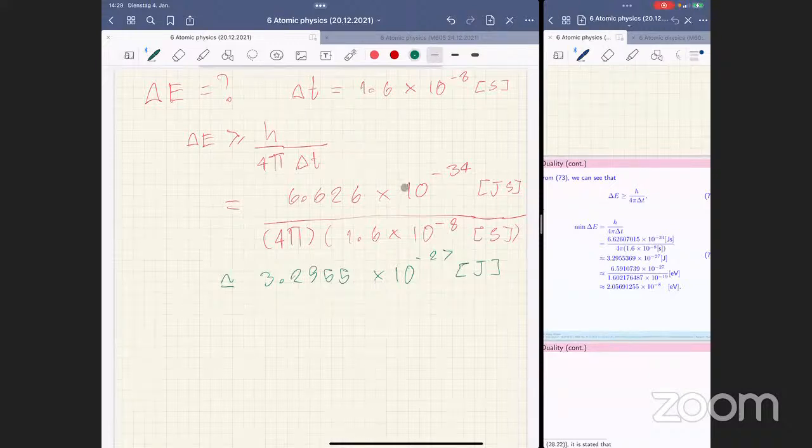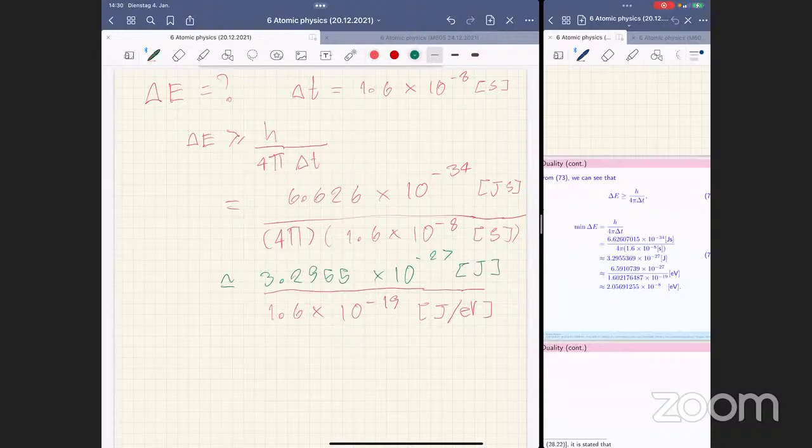So it's better if we divide this by 1.6 times 10 to the negative 19, and the unit for the conversion is joule per EV, which is the charge value of any object.